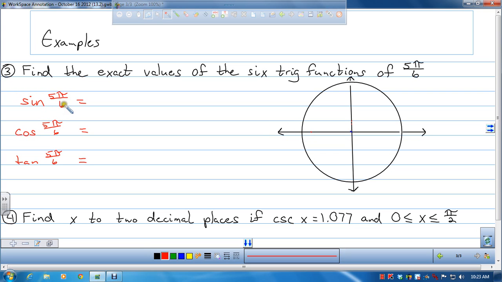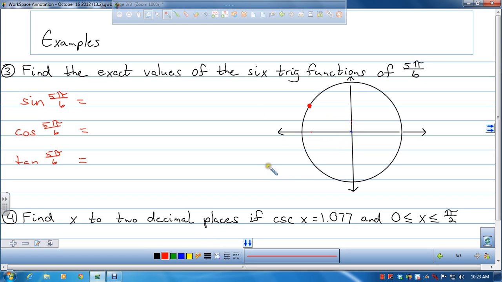So 5 pi over 6, that's 5/6 of pi. That means I'm going to be over here in quadrant 2. So let's look here real quick at what we have. We're going to be talking about this spot right here.